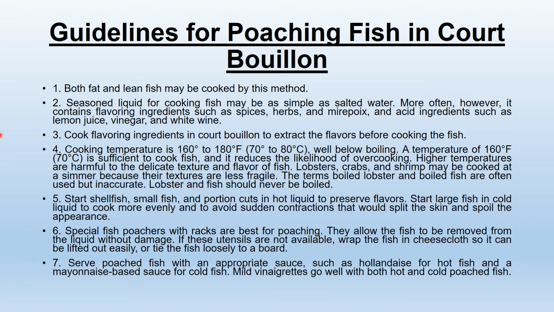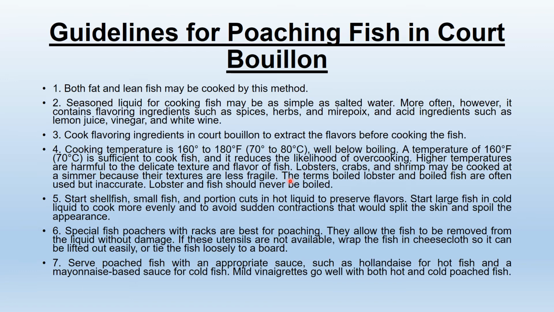So, number 5: small fish and portions are started in hot liquid to preserve flavors, and large fish in cold liquid to cook more evenly and to avoid sudden contraction that would split the skin and spoil the appearance. So this is very important. You need to follow these guidelines when it comes to poaching fish in court-bouillon.